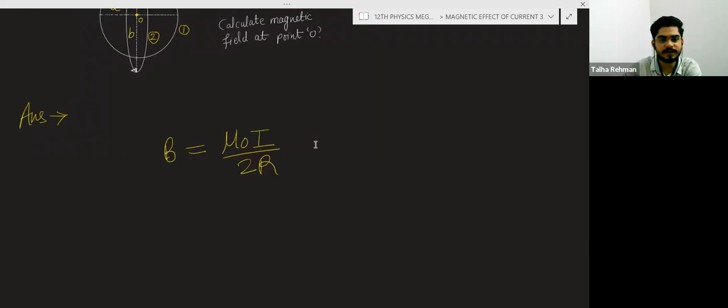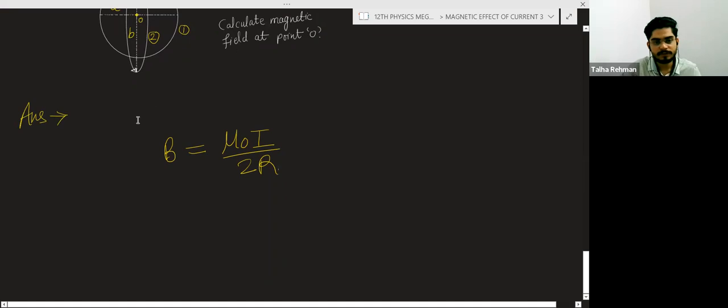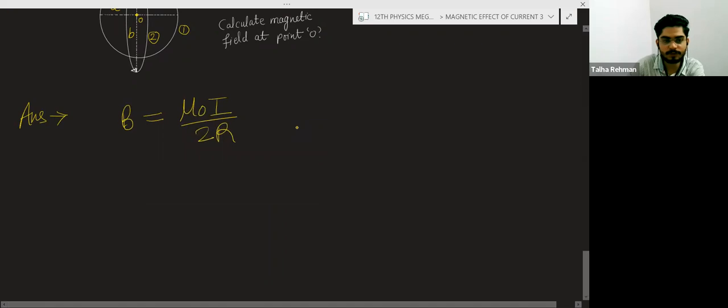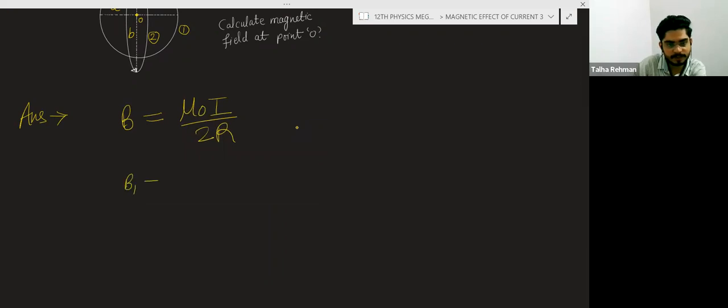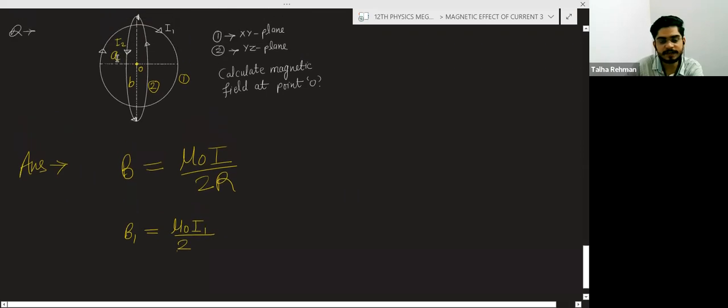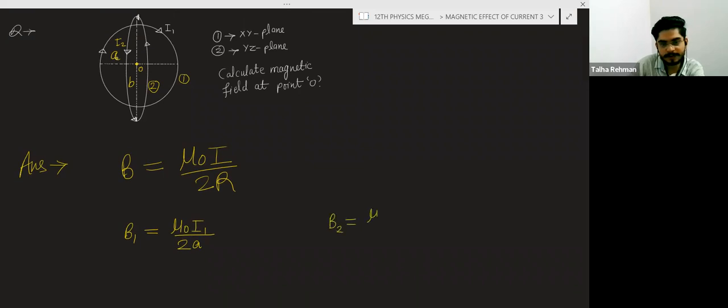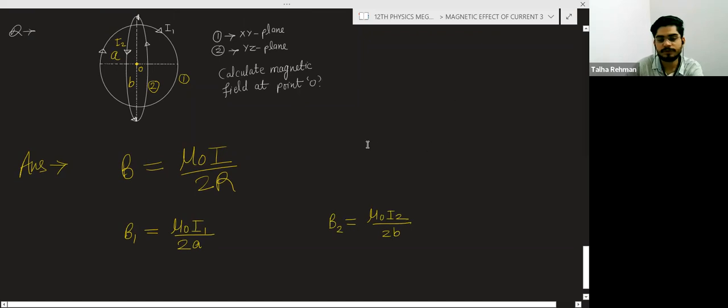So for wire 1, applying this formula, B1 is mu naught I1 divided by 2 into R. The radius of the first wire is A, so it is 2A. And for B2, you will write mu naught I2 divided by 2B, because the radius of the second wire is B.